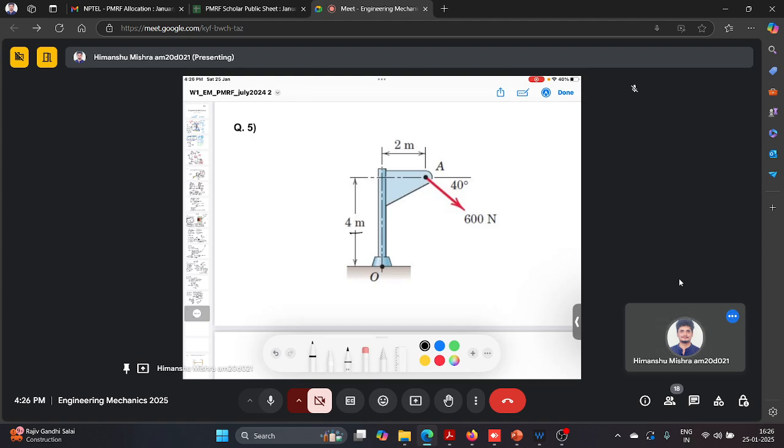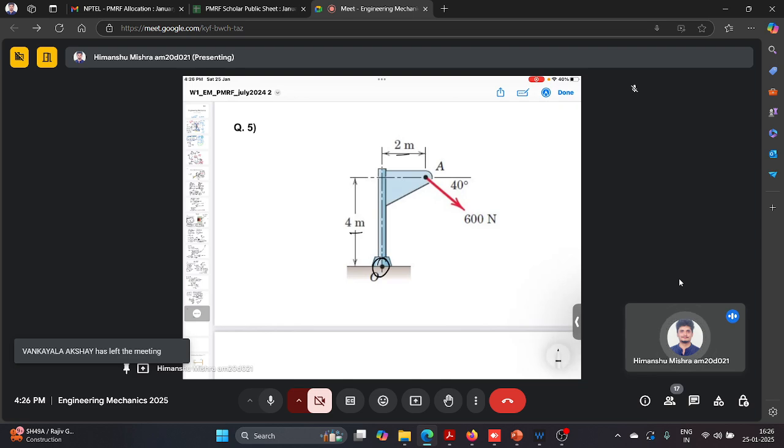The vertical length is 4 meter and the horizontal length is 2 meter, and we need to calculate the moment about point O. What we have learned is that we need the magnitude of force and a perpendicular distance to calculate the moment. We can use multiple ways to calculate the moment. The first is a very straightforward way.